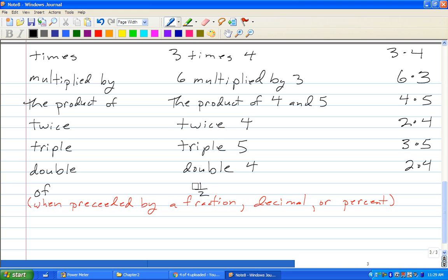So if of is preceded by a fraction, say 1/2 of 6, it means to multiply. If you have a fraction, a decimal, or a percent preceding the of, then the of means to multiply.